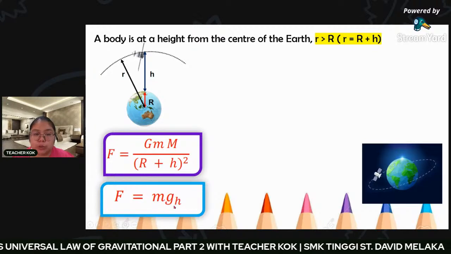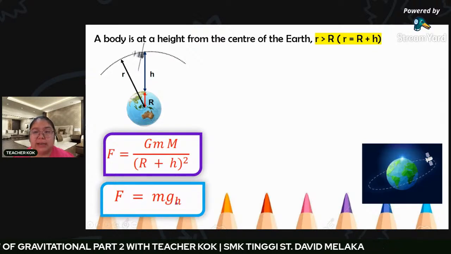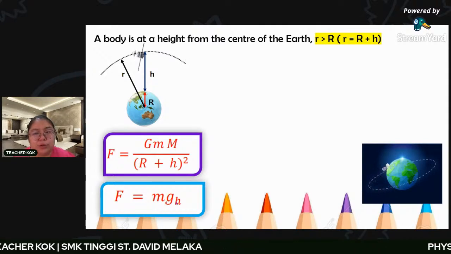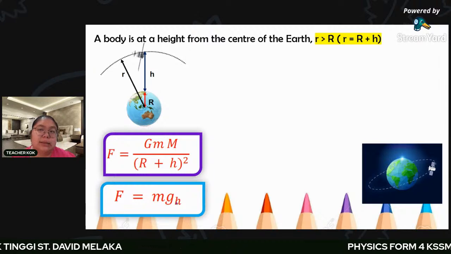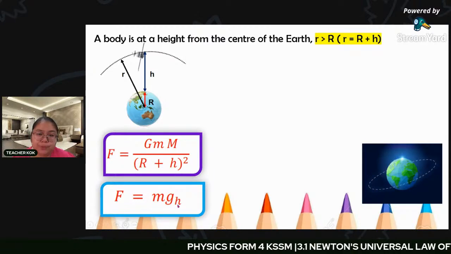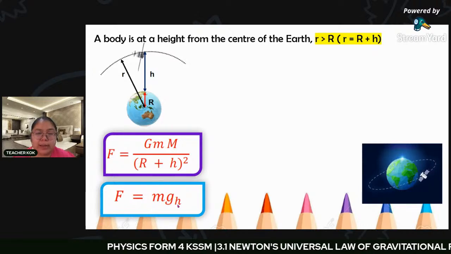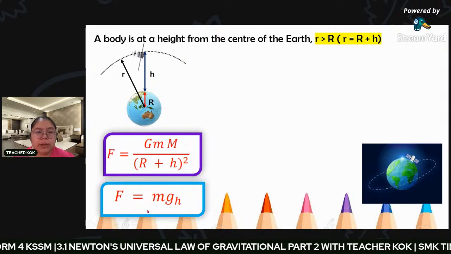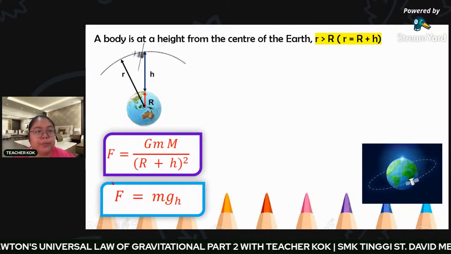But what is this g? This is the gravitational acceleration for the satellite when it is far away, so the g needs to account for the distance. So I put one more h: g_h, the gravitational acceleration when the satellite is a bit far from the Earth. These two, the F, should be the same.